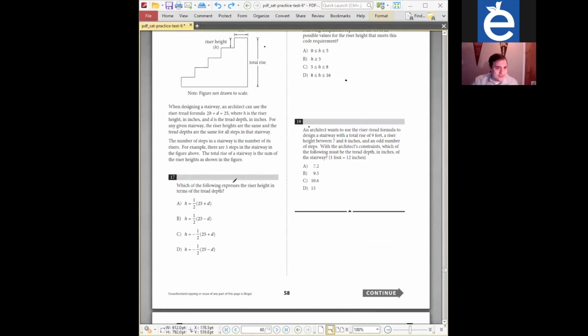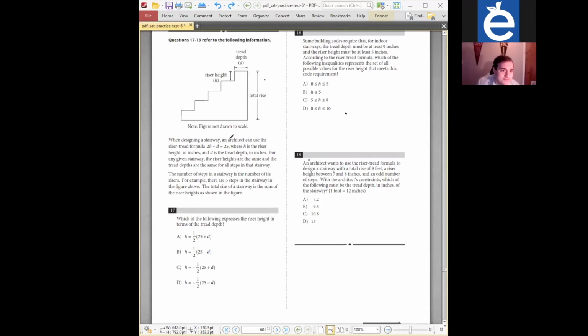Which of the following expresses the riser height in terms of the tread depth? It gives us this equation here, so all this is asking us to do is solve for h. That's it. Express height in terms of depth.